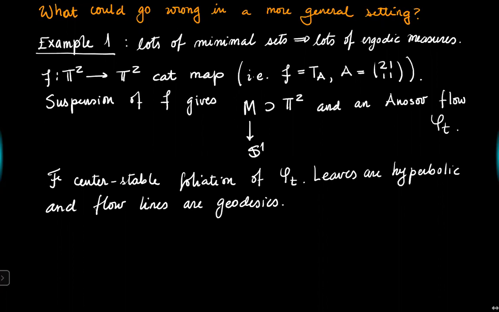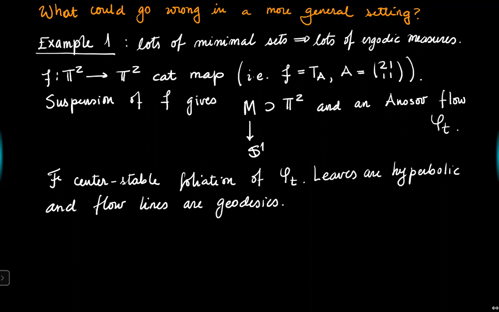So the first thing that can go wrong is that the horizontal flow may have a lot of minimal sets. So unlike in the case of surfaces, orbit closures may be of different types. An example of this is the following.